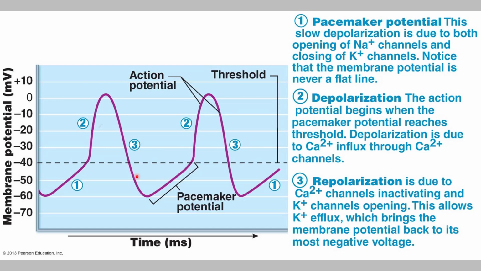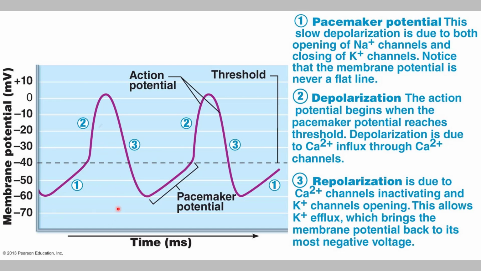We get back to what would be considered resting potential, but immediately we go back up, depolarizing again. So there is no period of rest. In the normal, healthy heart, without any input from the nervous system, this happens in the SA node 100 times a minute and then spreads through that pathway that we saw.